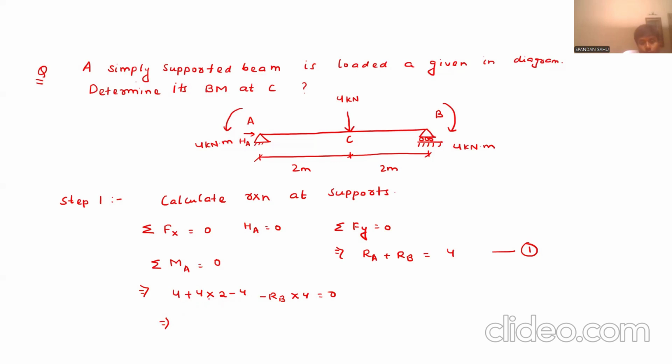So 4 plus 4 into 2 is 8. 8 minus 4 is 4 and 4 by 4. So RB you will be getting 4 upon 4, so 1 kilonewton.